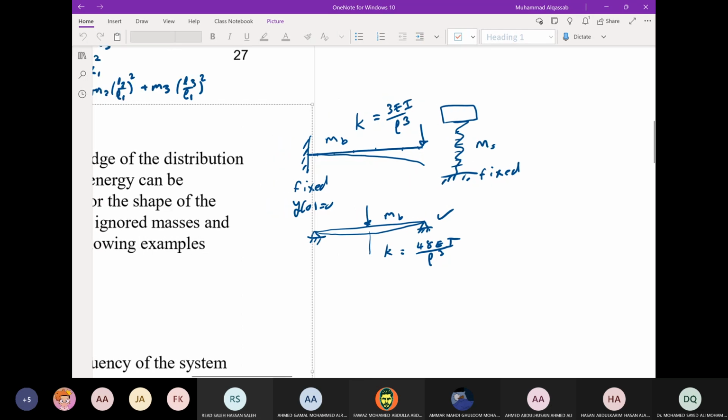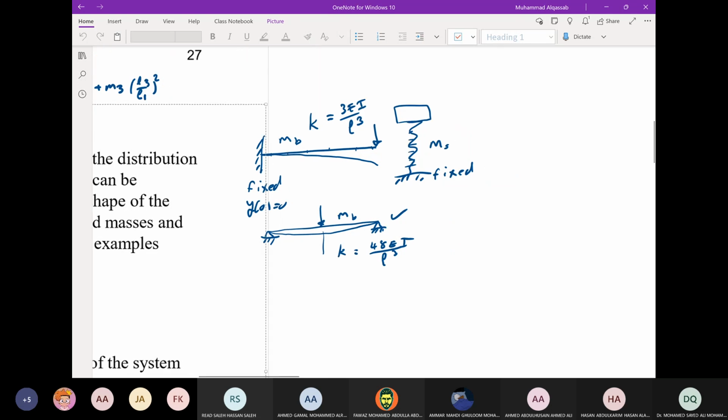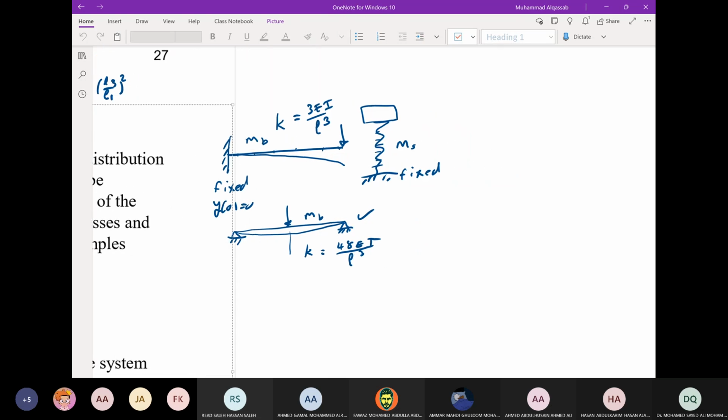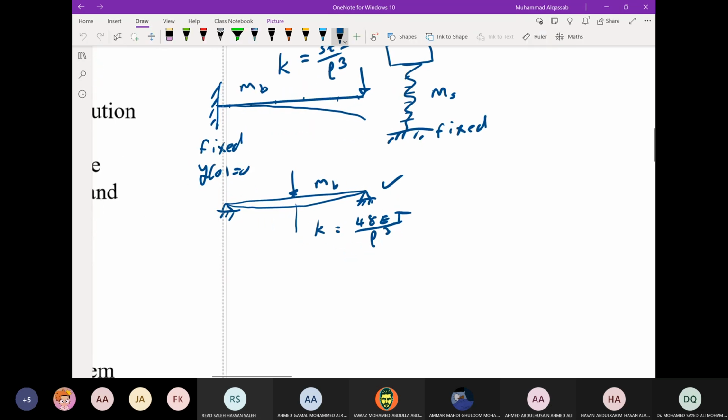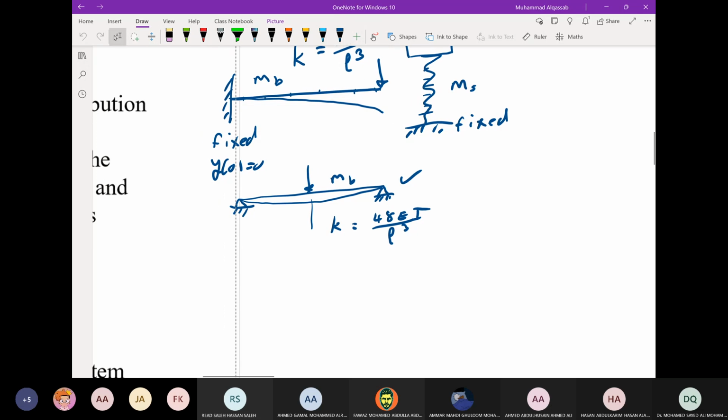The Rayleigh method is used before that for those elastic members. Obviously we can talk about a simply supported beam. A simply supported beam can vibrate. We know that the end points are always zero.